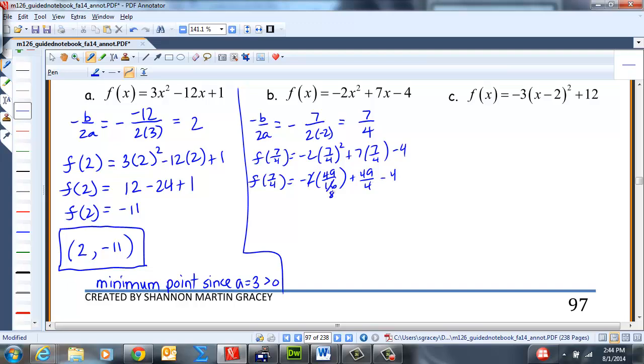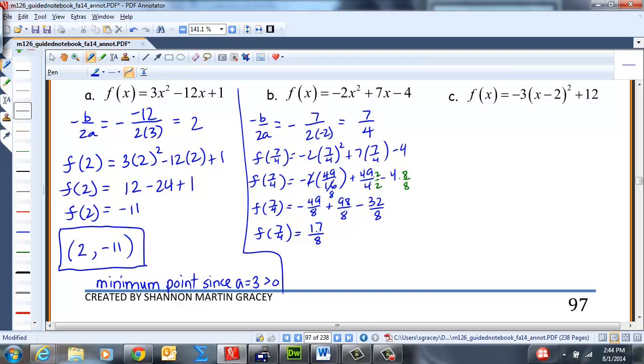This 2 divides out some of the 16. So the LCD for this fraction is going to be 8. So this guy does not need to be adjusted. This guy here needs to be multiplied by 2/2, and this one needs to be multiplied by 8/8 to get a common denominator. So we'll get plus 98/8 and then minus 32/8. So f at 7/4 will be, at the end of the day, 17/8.